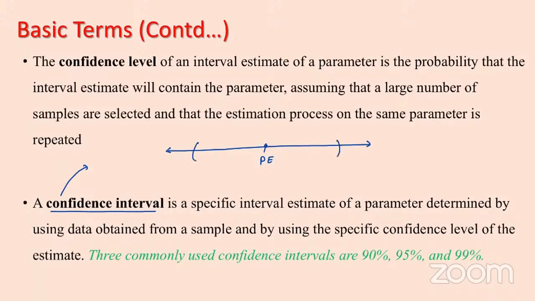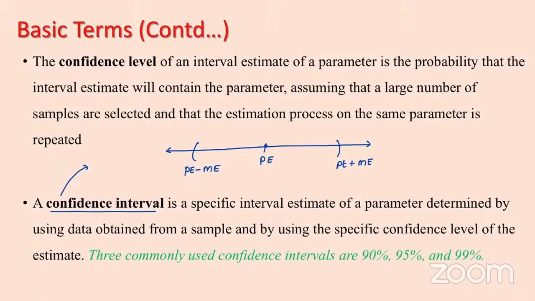So basically what we'll do is we'll try to find the lower boundary by subtracting a number called margin of error, and upper boundary by adding a number called margin of error. So point estimate minus margin of error will give you the lower boundary. Point estimate plus margin of error will give you the upper boundary.